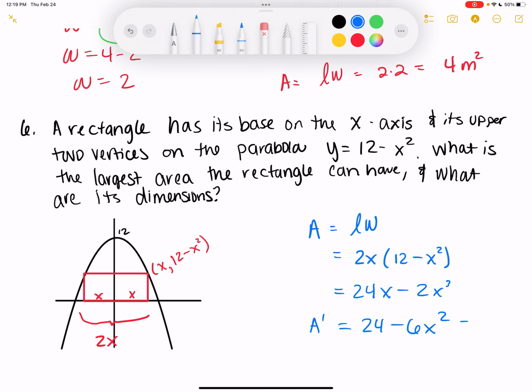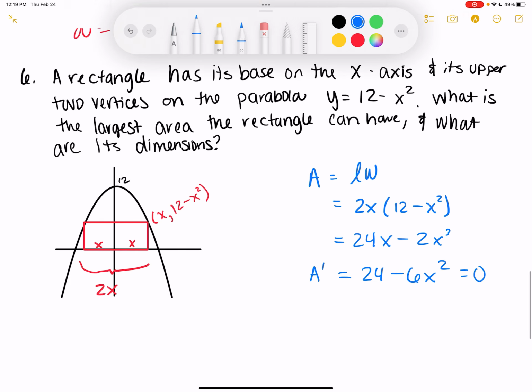Setting this equal to 0 and solving for it, I would have negative 6x squared is equal to negative 24. x squared is equal to 4. So x is equal to, normally taking the square root would be plus or minus, but we can't have negative values with area, so it's just going to be the positive 2.